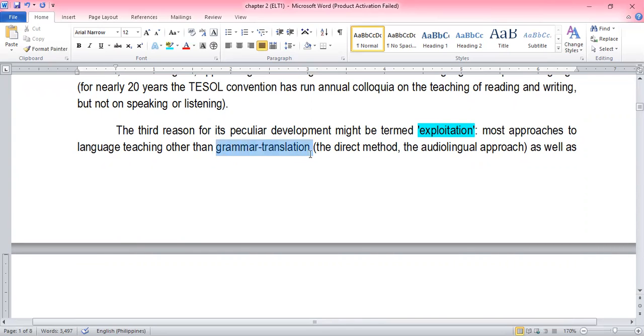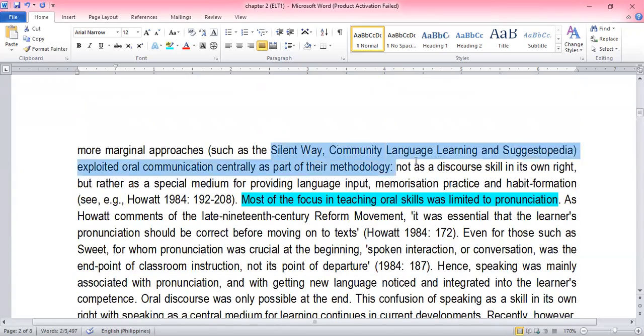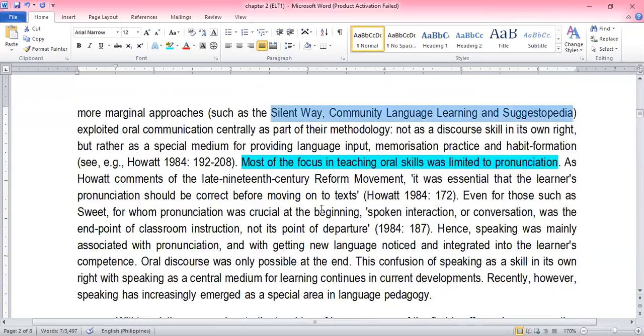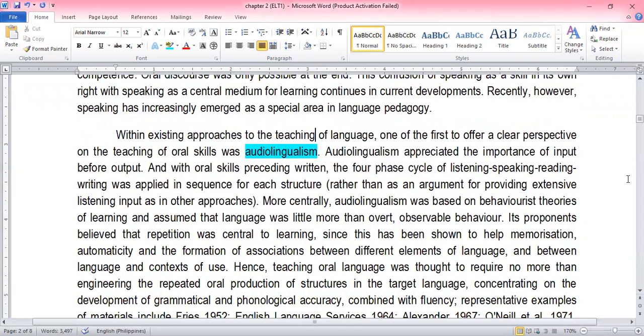If you have read Module 4, Grammar Translation, Direct Method, meron tayong audiolingualism, meron din, I don't know if I included this, but I'll just explain, I explained it on the last module as well. Okay? So, within existing approaches to the teaching of language, one of the first to offer a clear perspective on the teaching of oral skills was audiolingualism.